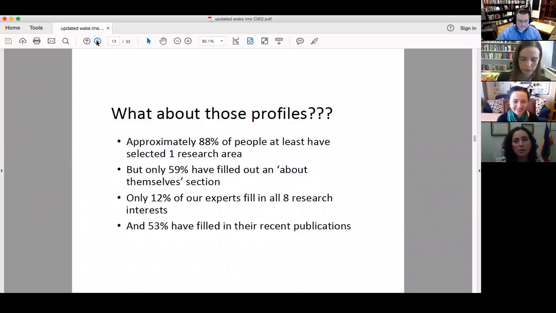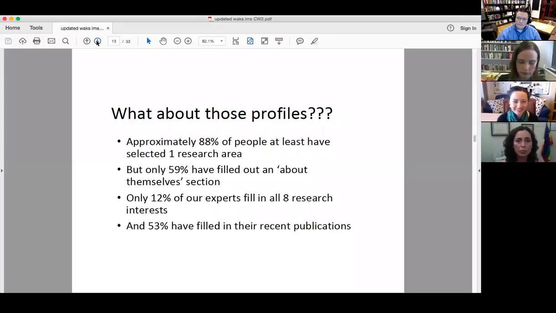And so folks who are interested in pushing back against implicit bias and having their work recognized and having women's voices be heard in the discipline, it's really important for you to go back into your profile and update it. Tell us what your research areas are. Tell us about yourself. Put in your recent publications, because that's how your work will be amplified, and that's how you will be cited, and that's how you will be included in things that your work deserves inclusion in.